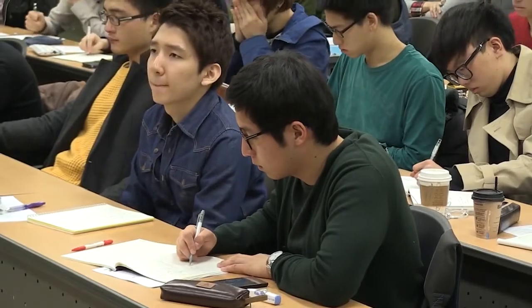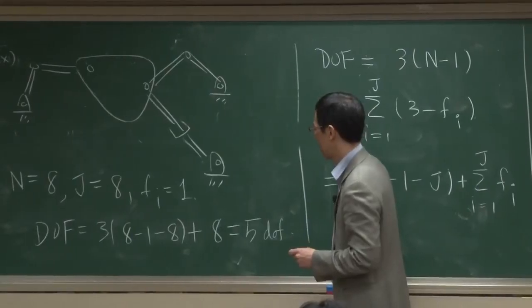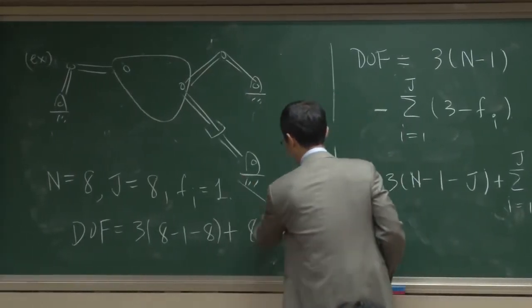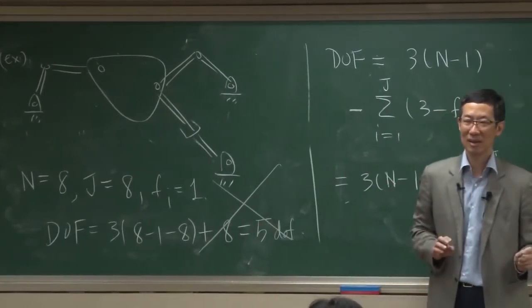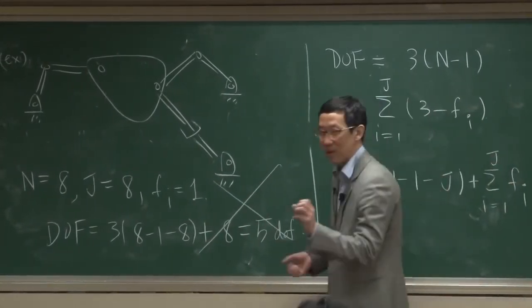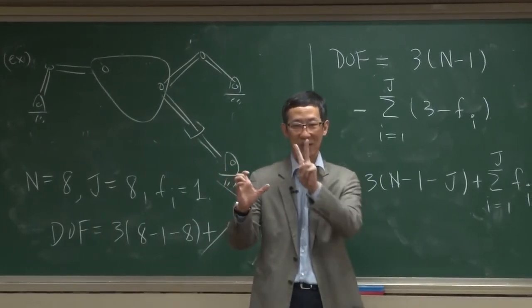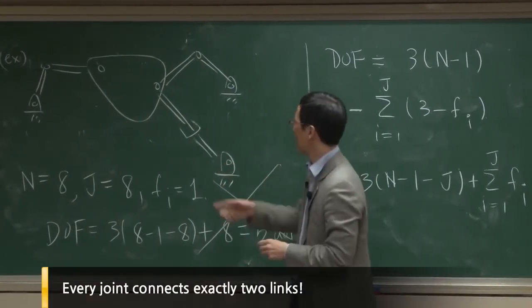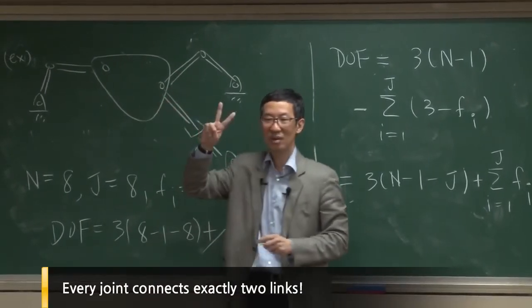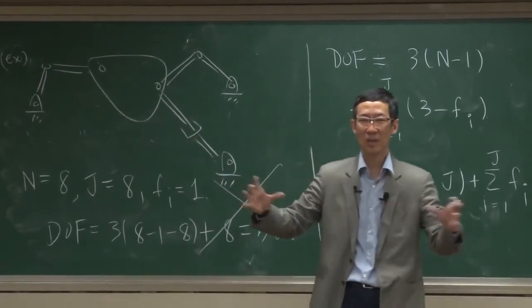Okay, this is wrong. Now, what you have to remember is that a joint is something that connects 2 bodies. 2 bodies, not 3. Joint connects 2 bodies.